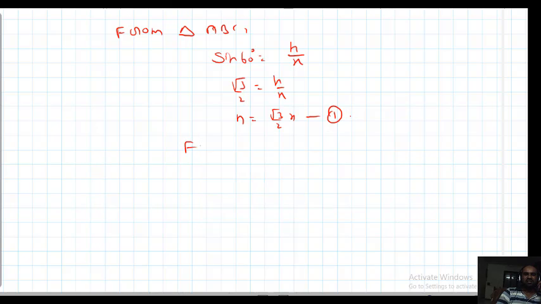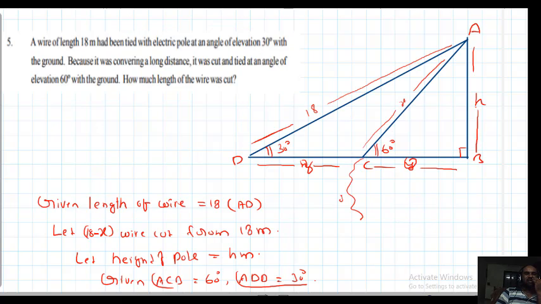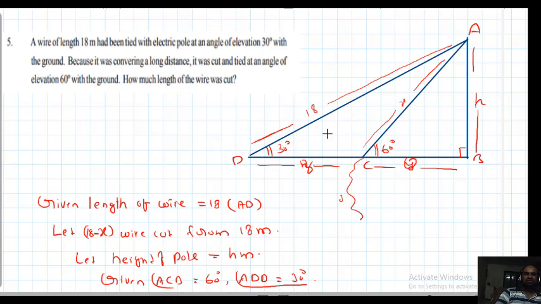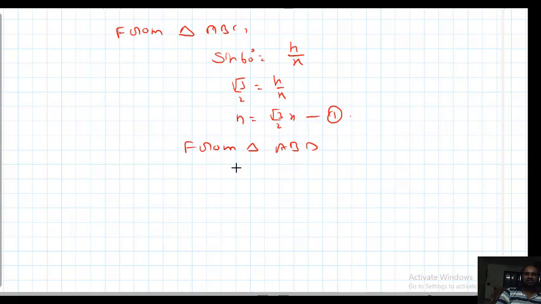Take next triangle, ABD. Students, observe. Here also hypotenuse 18, opposite side h, again sin 30 is equal to h by 18. Sin 30 equal to h by 18. This is 1 by 2 equal to h by 18, and directly h equal 9.